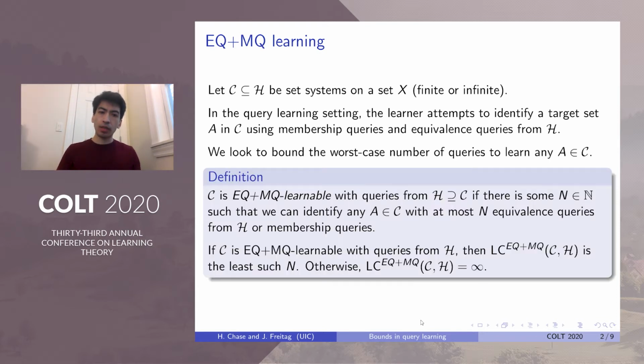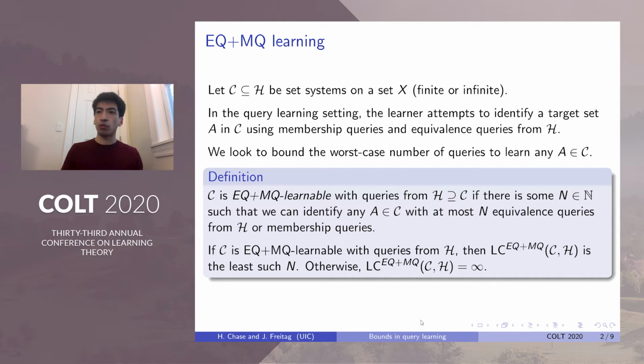Our goal will be to bound the worst case number of queries needed to learn any A in C. We'll say that a class is learnable if and only if there's some n such that any set in C can be identified in at most n queries of either type.